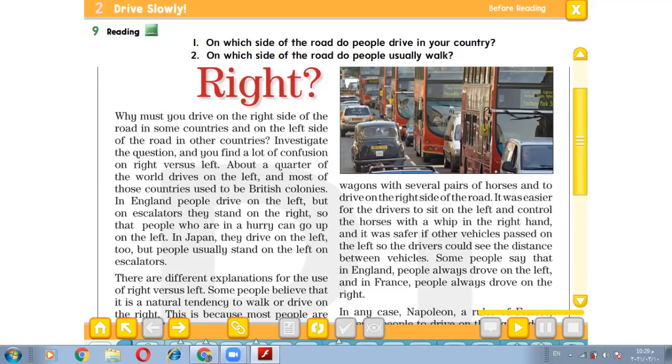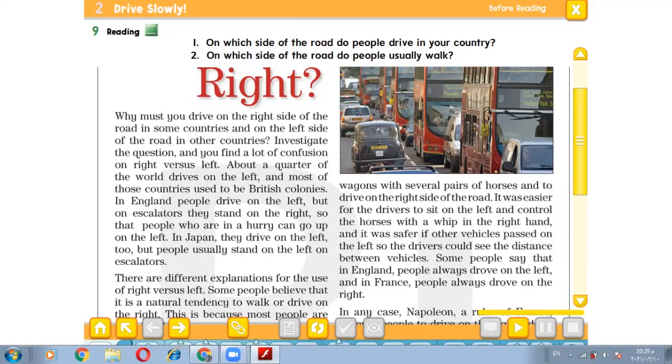About a quarter of the world drives on the left, and most of those countries used to be British colonies.